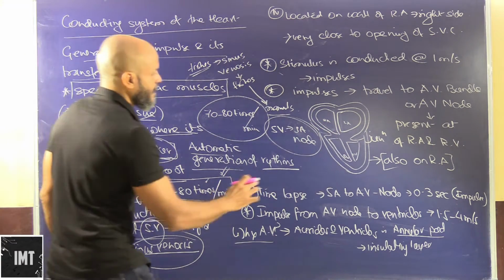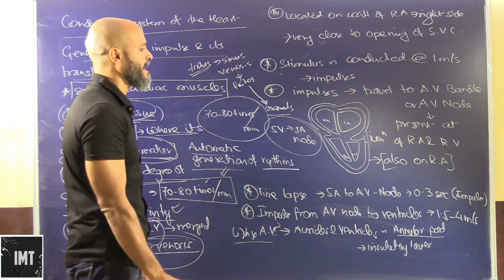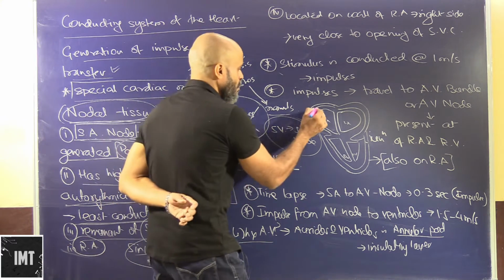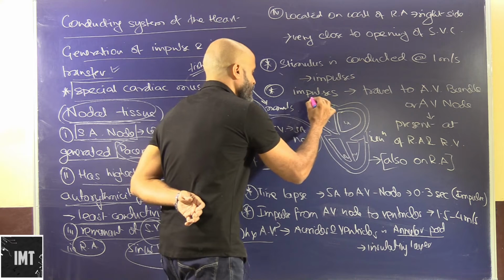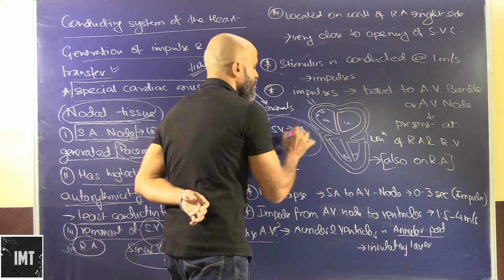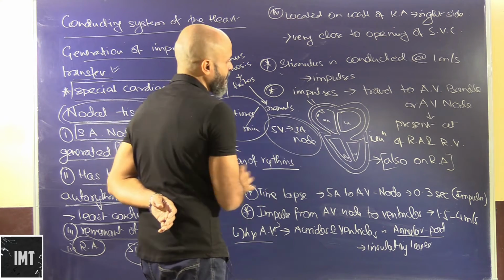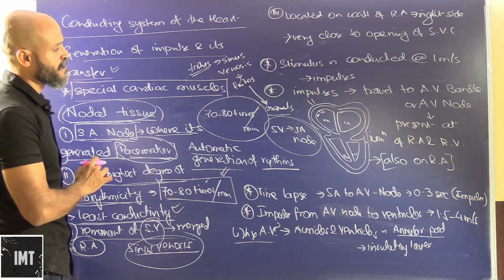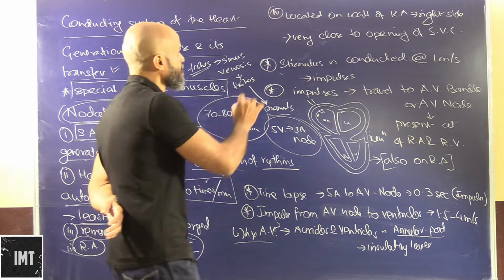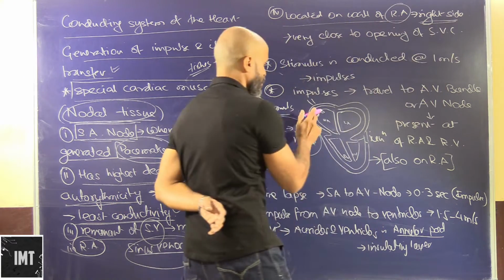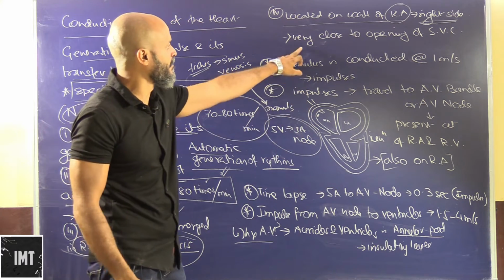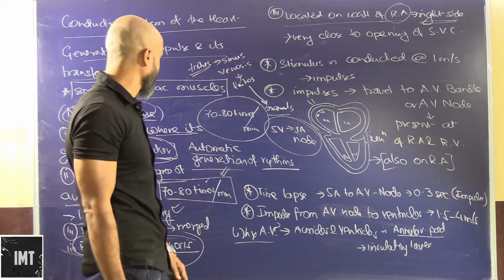Now this is present at the junction of the right atrium and right ventricle. We have the superior vena cava here, and here we have the sinoatrial node, which is generating impulses. It is located on the wall of the right atrium on the right side, very close to the opening of the superior vena cava.